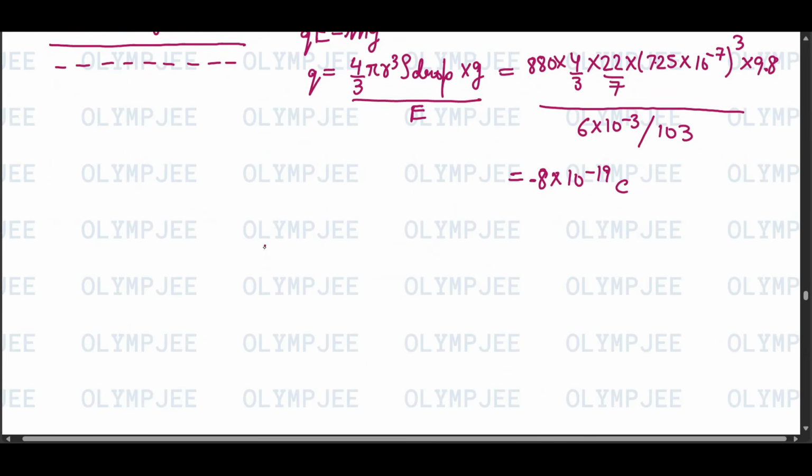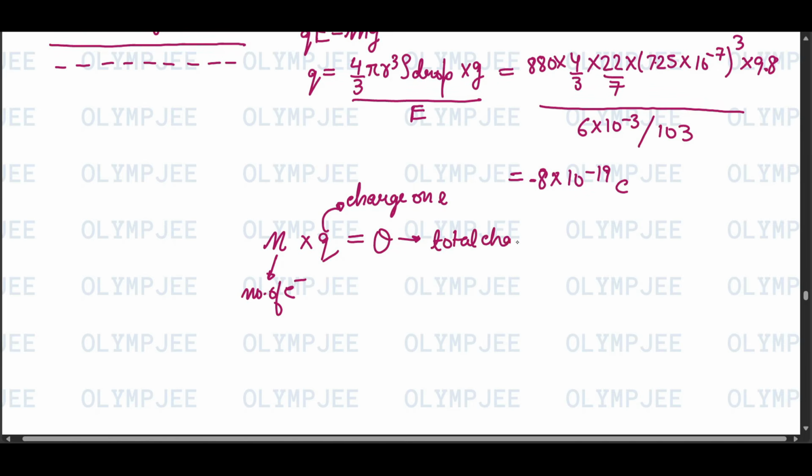So if n is the number of electrons and Q is charge on electrons, this should be equal to the total charge, which is this much.